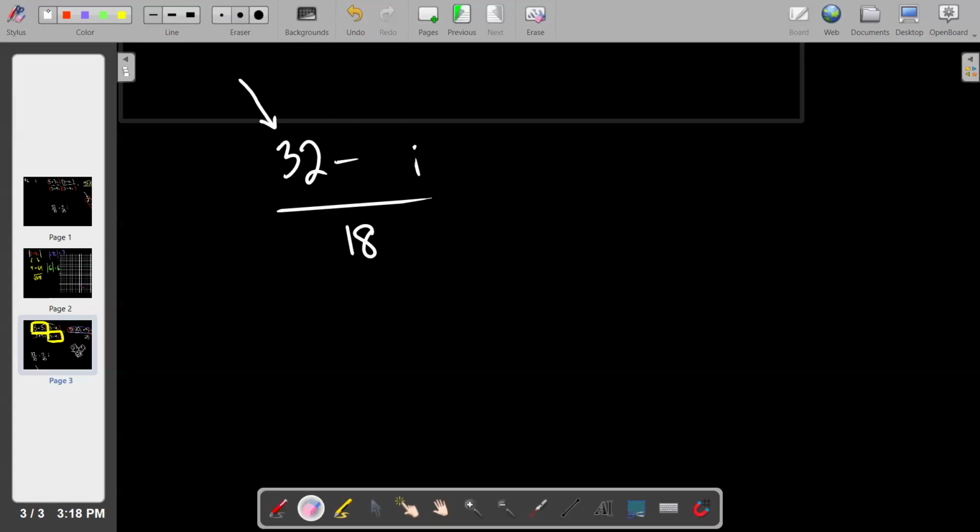I'm gonna change this to like a 6. So when you go in this direction, you can divide them both by 2 and you would get 16 ninths, right? But when you go this direction, what can you divide by? Yep. So when you divide them both by 6, you get minus 1/3 of i.